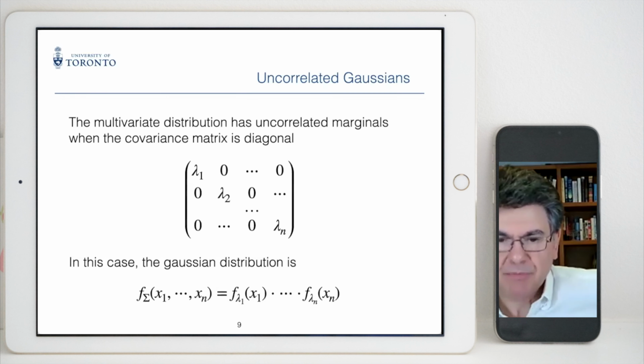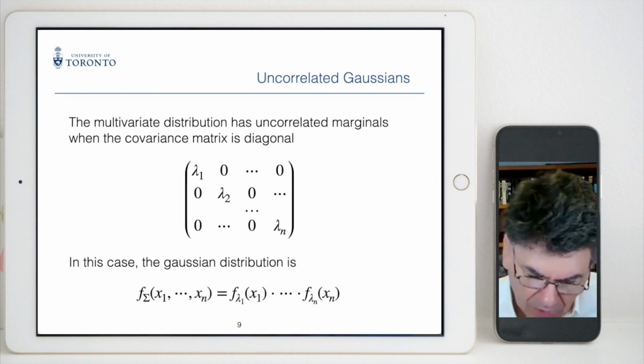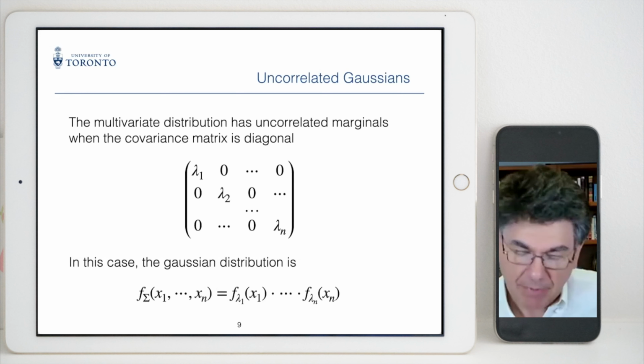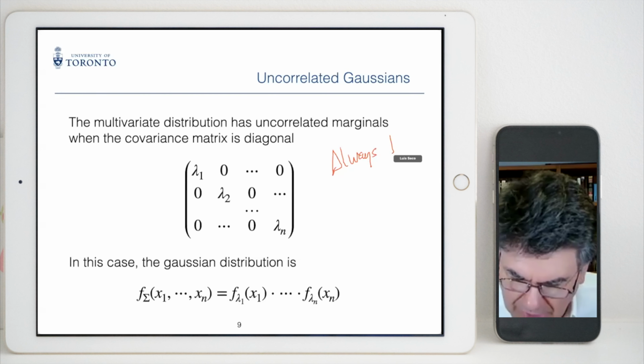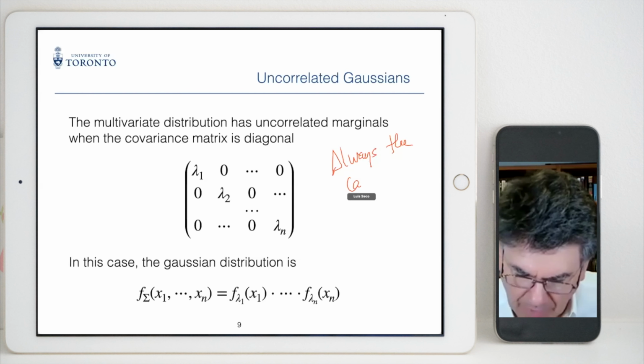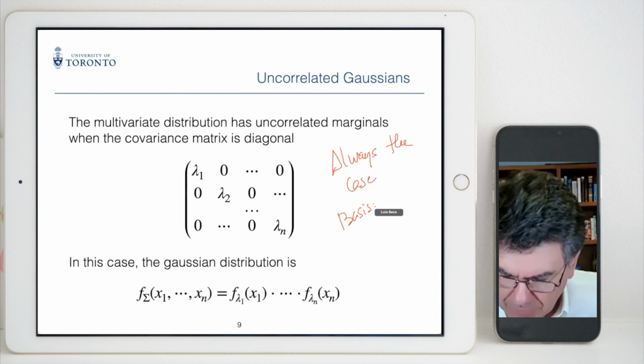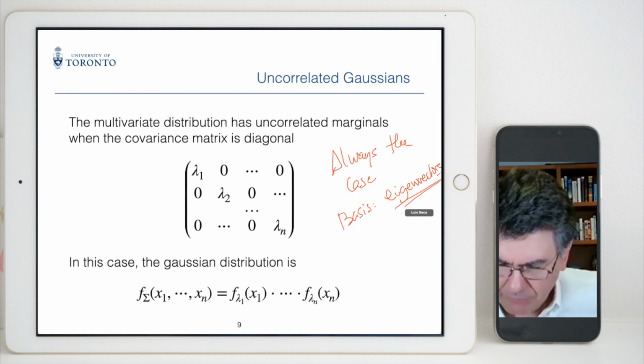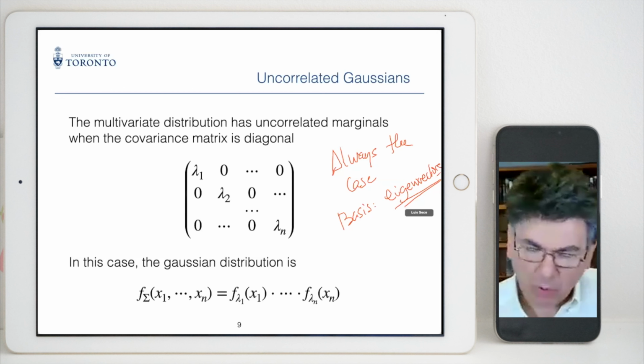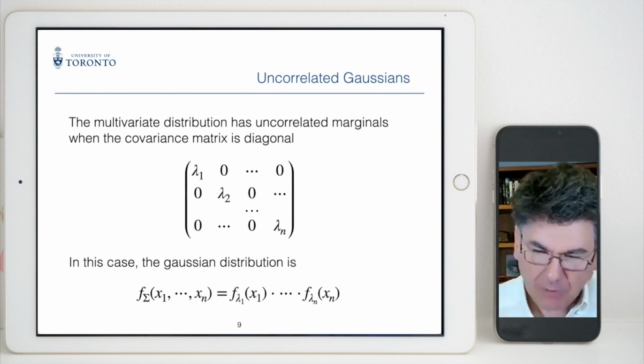Yes, I can always obtain this if I change my basis. Okay, so this is always true. It's always the case when I choose as a basis the eigenvectors. And this is very important when we simulate markets, very important when we simulate markets.